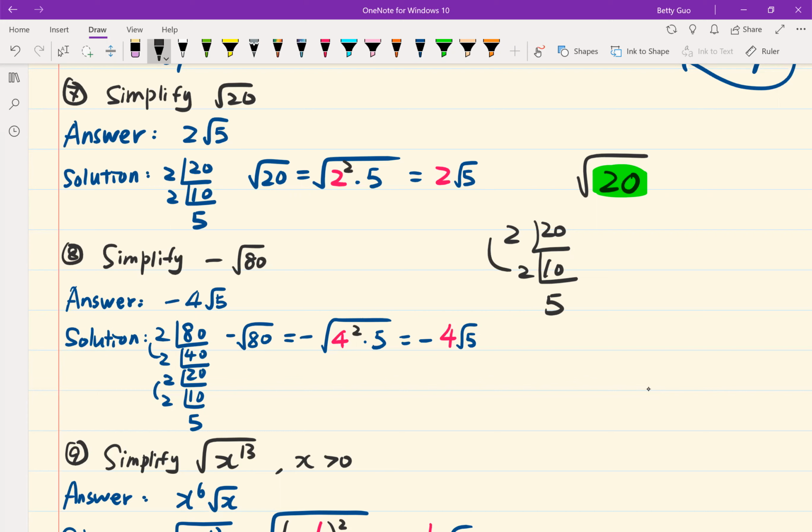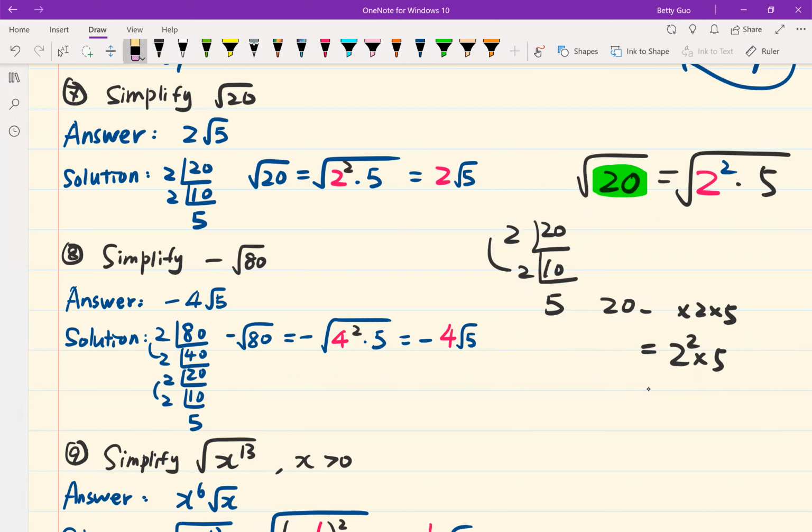So we can write 20 as 2 times 2 times 5. 2 times 2 is 2 squared. So once we prime factor the radicand 20, we can write it as 2 squared times 5.